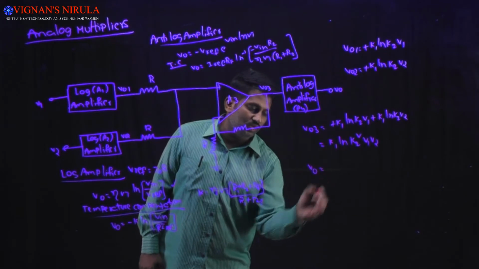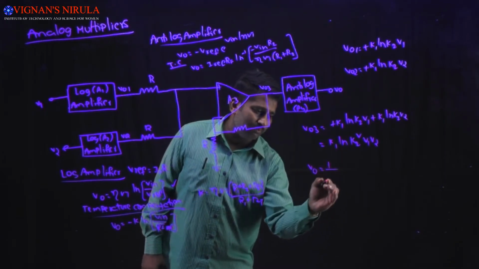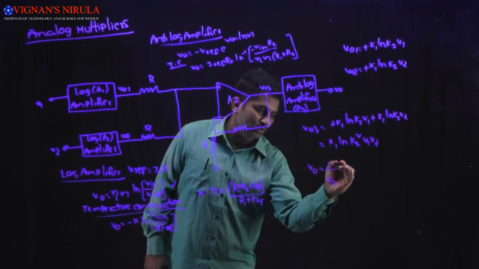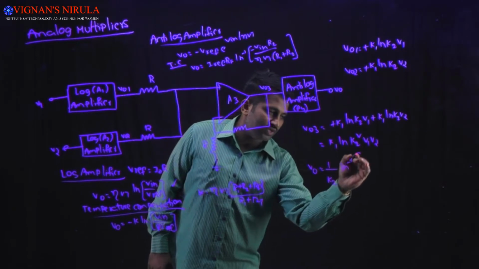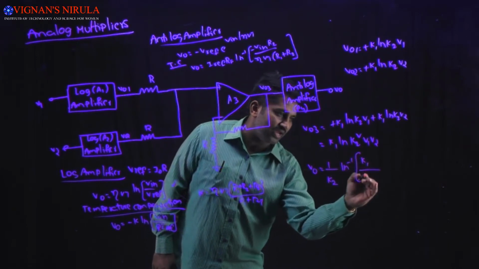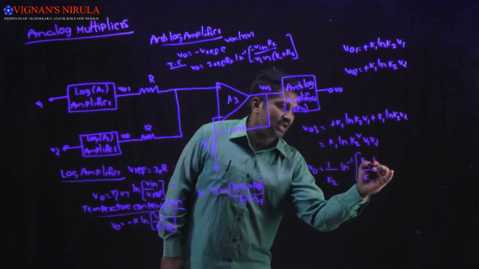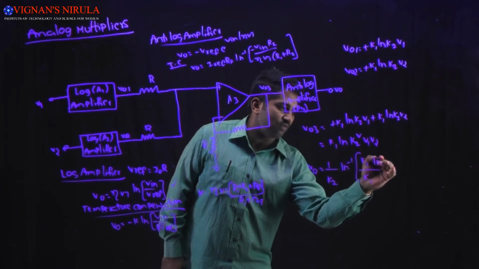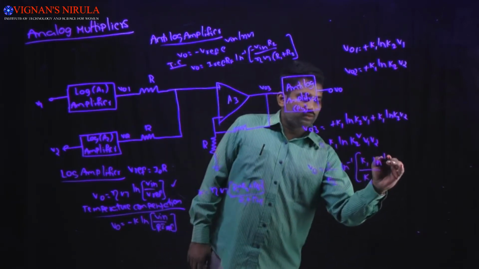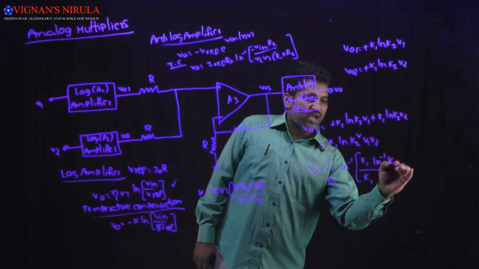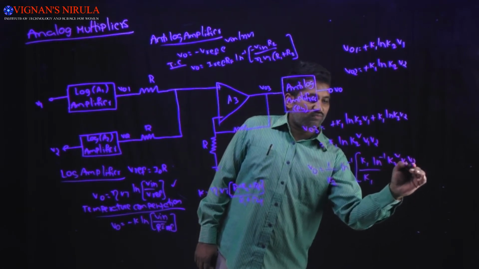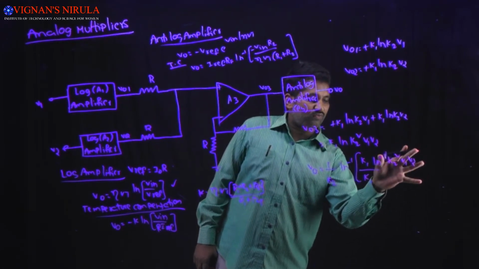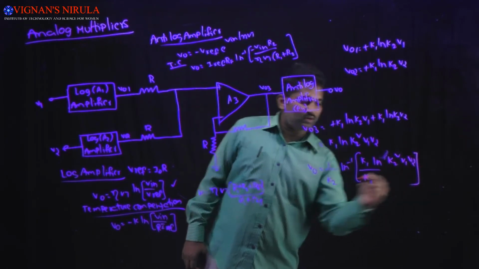V0 will be equal to 1 by K2 into ln inverse of K1 into ln of K2 square V1 V2.